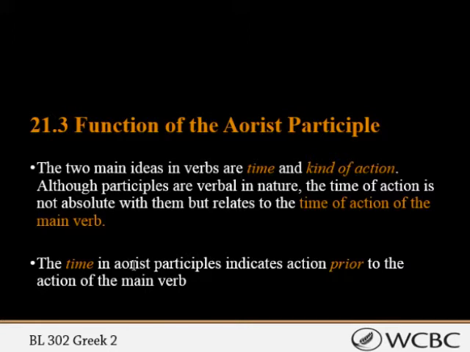A good way of remembering this is that if you think about aorist as a past time, past time is something that happens prior to the current time. And so the participles use the main verb to get the timing, but is it happening prior to, which would be the aorist participle? Is it happening simultaneous with the time of the main verb? That would be the present participles as well.